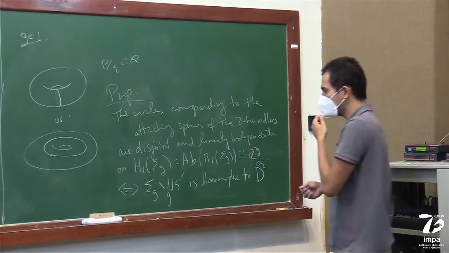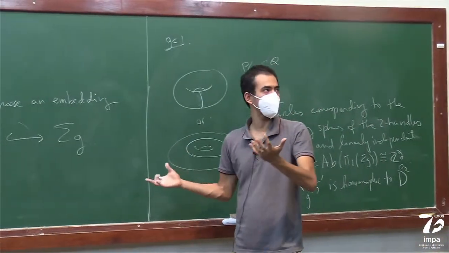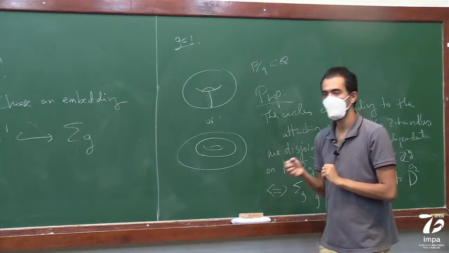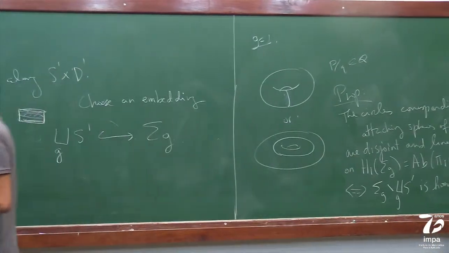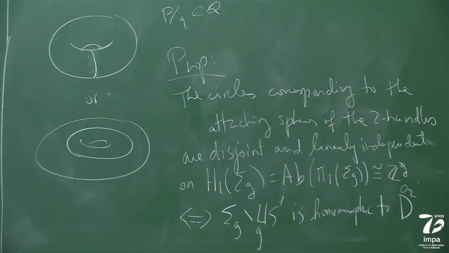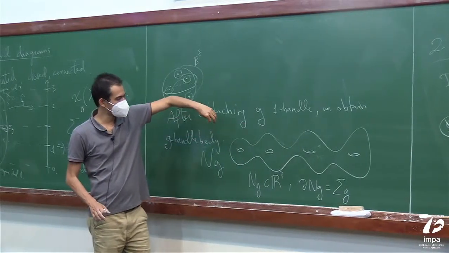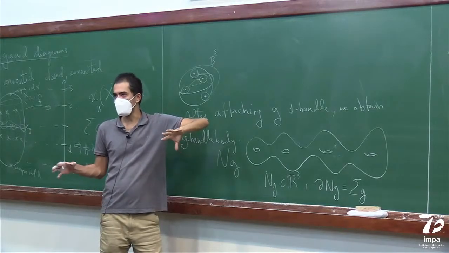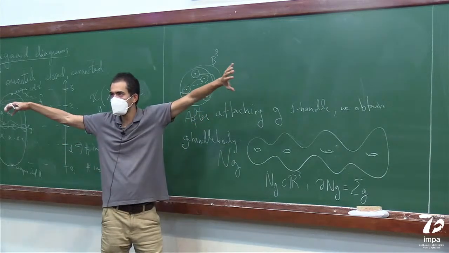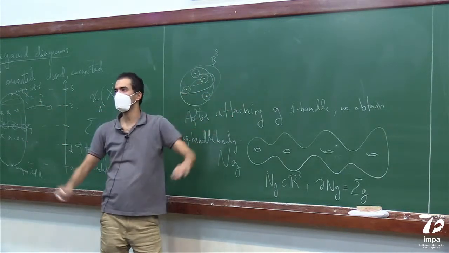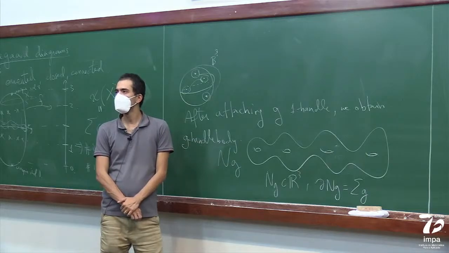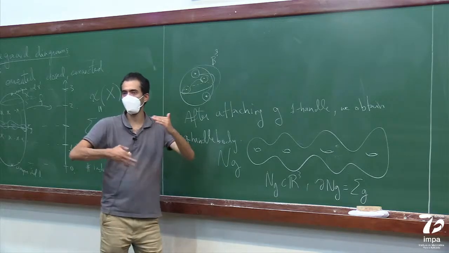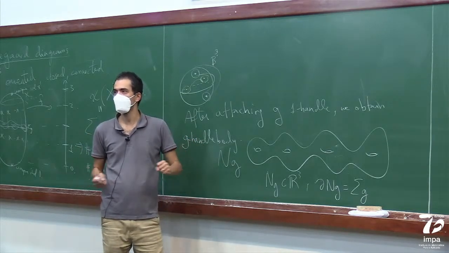So anyway, now we basically have an understanding of how to build three manifolds. All you need to do is look at a genus G surface and choose G circles on it that are disjoint and linearly independent in homology. So you can't choose multiples of the same one.